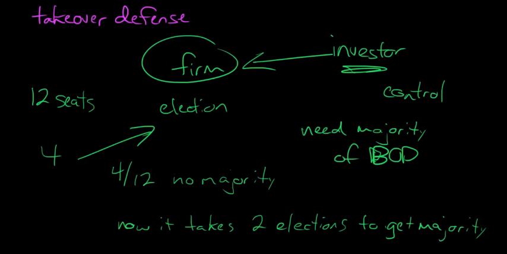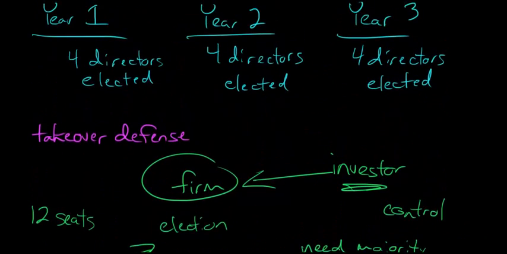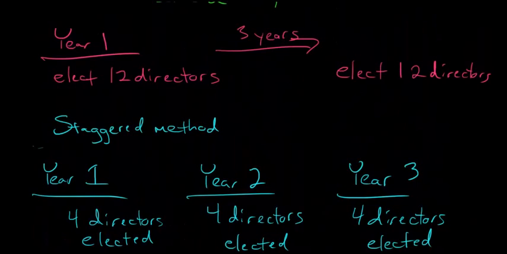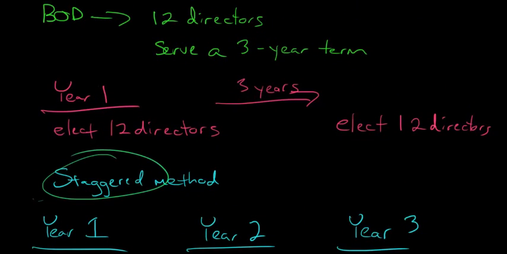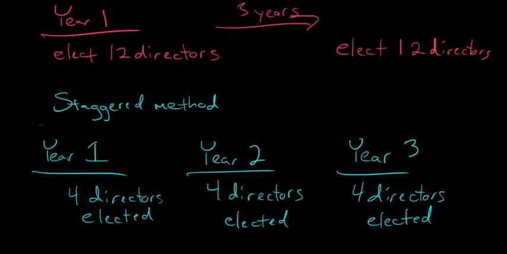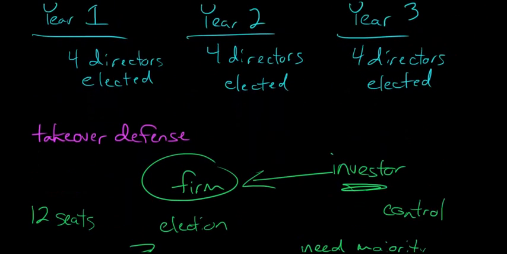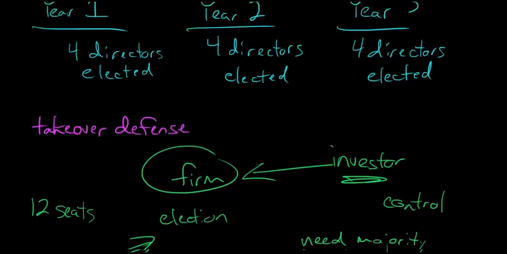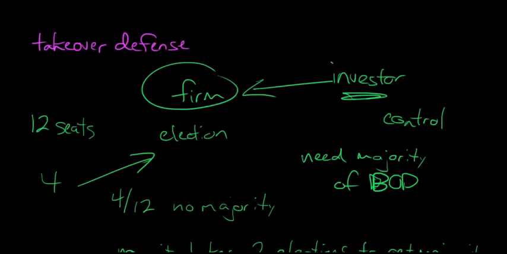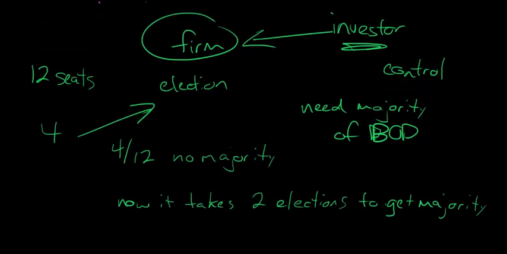So this whole staggered board arrangement staggers the elections so that they don't all take place in the same year, and it takes 2 or 3 elections or whatever for this investor to seize control of the board. They're hoping that by the time the second election rolls around, conditions will have changed and the investor will no longer have the support of shareholders to get the people they want elected to the board, and thus won't be able to take over the firm.